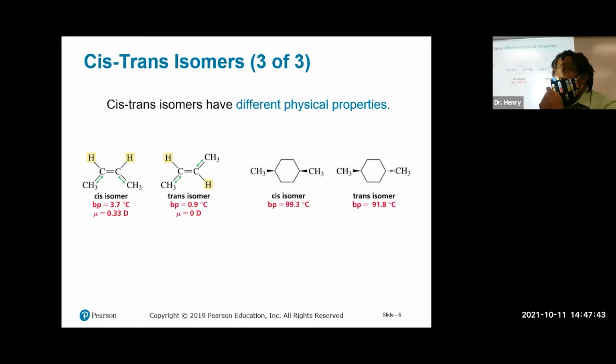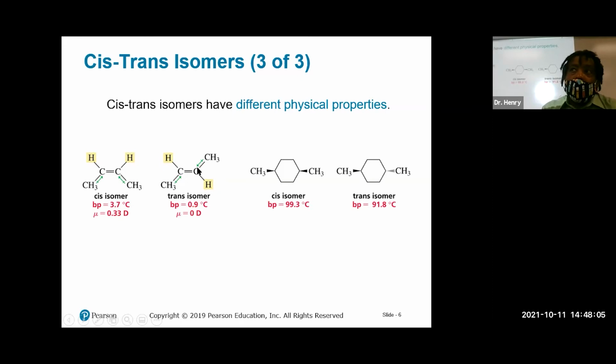It may have something to do with the slight polarity that's going on in this situation. I would have assumed the cis because of the higher energy associated with it, because these are both methyl groups here.